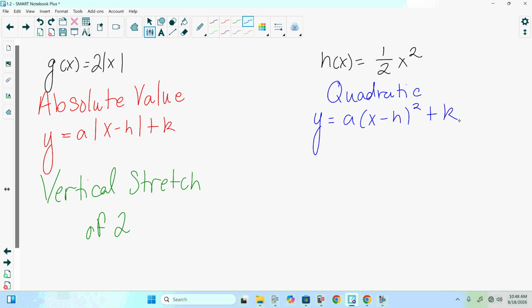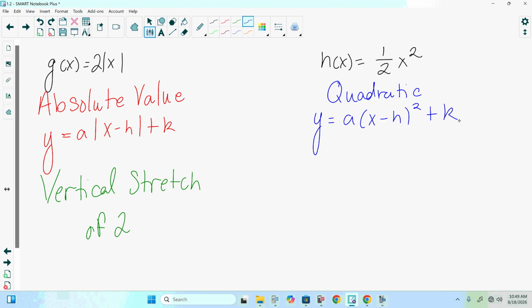Now we need to describe the transformation, how it's being affected from the parent function. Now if we look at h, is there a value for h, movement left or right? No. Is there a value for k, moving it up or down? No. Do we have a value in place of a? Yes. We have the 1/2.